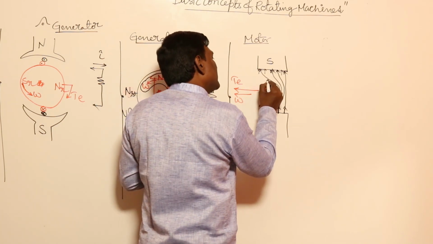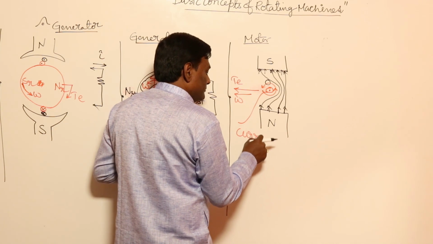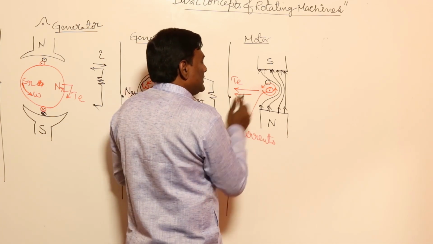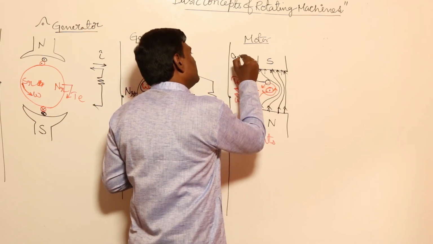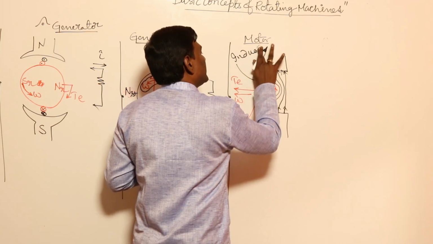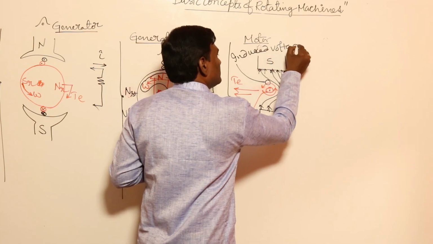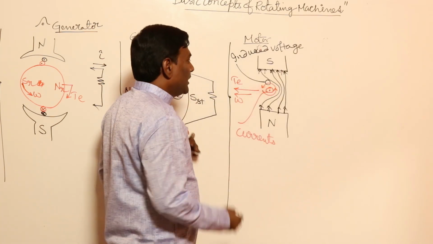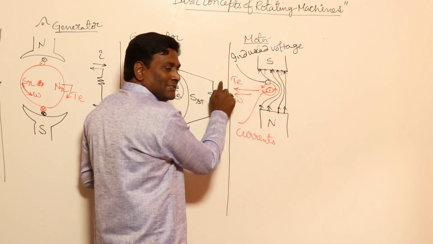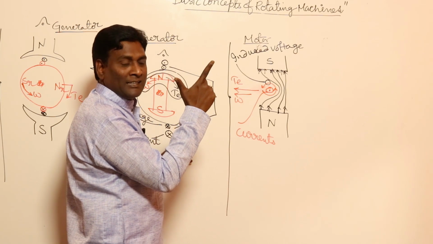Now for example, if the same conductor is moving in this direction, let us think of induced voltage. Basically these are currents and this is going to be induced voltage. Now if the conductor is moving in this direction, use the right hand rule for the generated voltage.